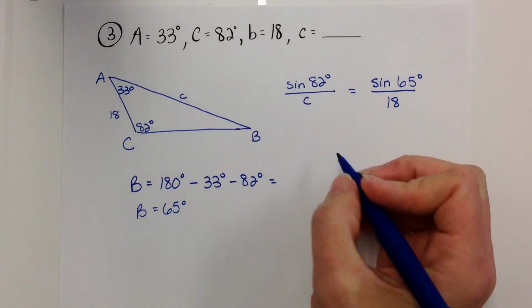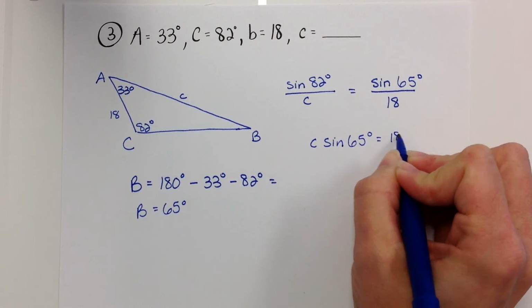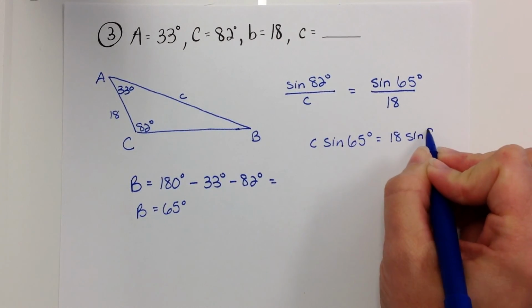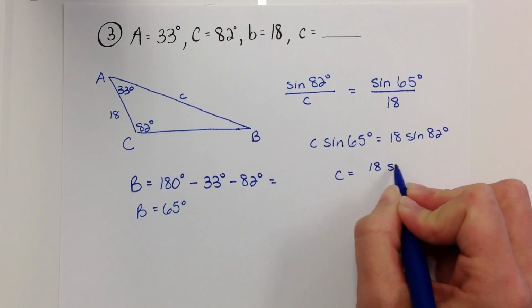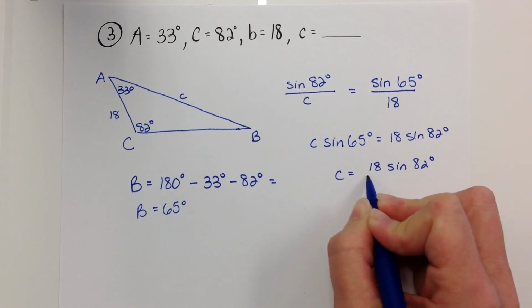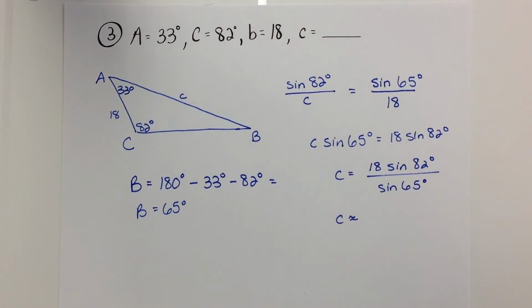Okay, so again, cross multiply and then divide by sine 65. In your calculator, you can just enter it in like you did earlier. Nothing tricky about this, no extra sets of parentheses or anything. To the nearest tenth, this would be 19.7. So there's side C.